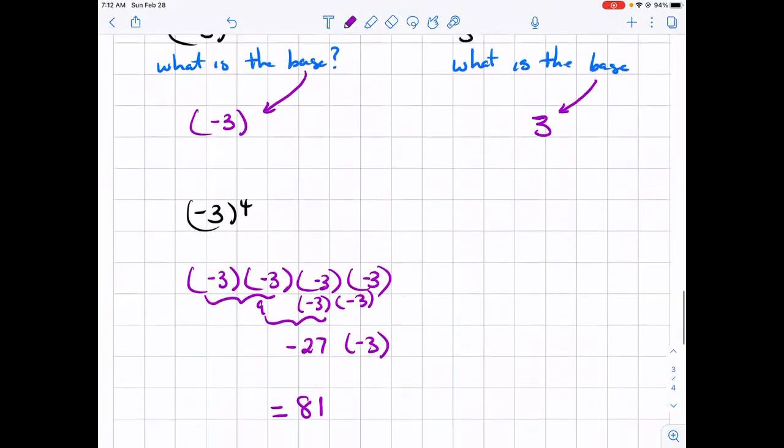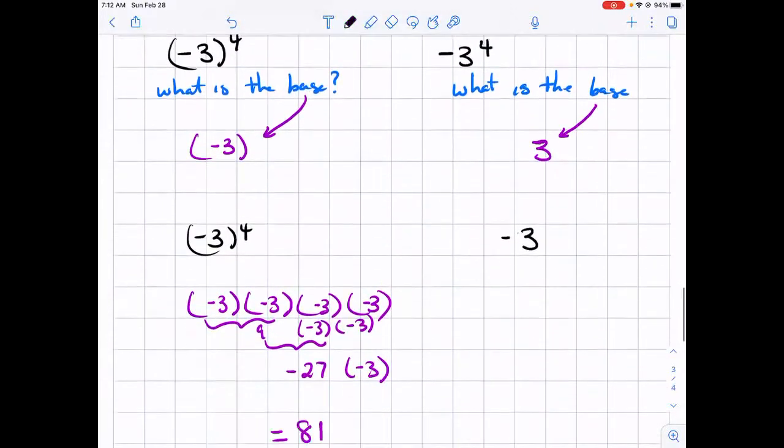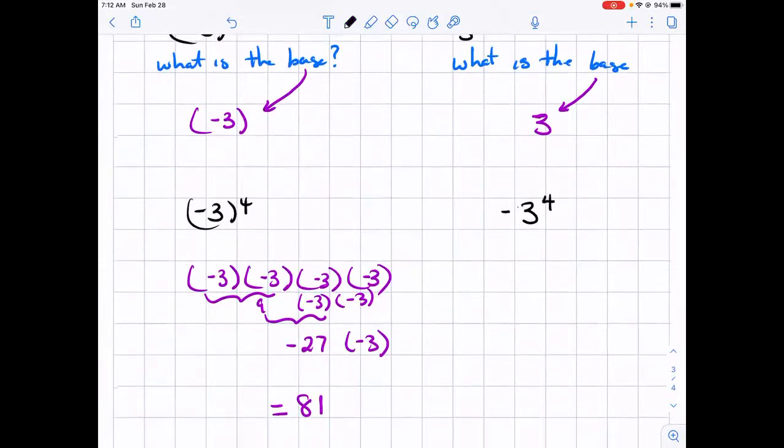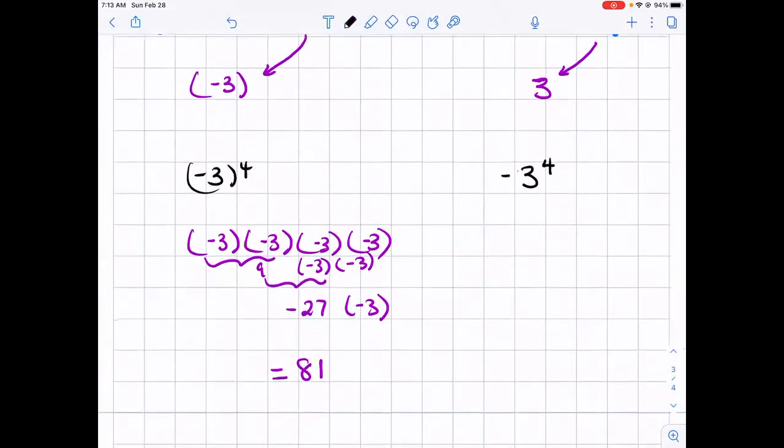Now, in my next expression that we had, negative 3 raised to the 4th power, this means 3 times 3 times 3 times 3.